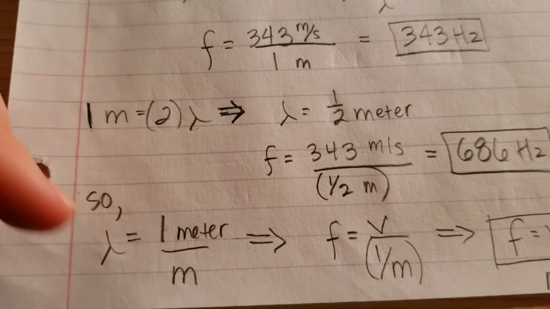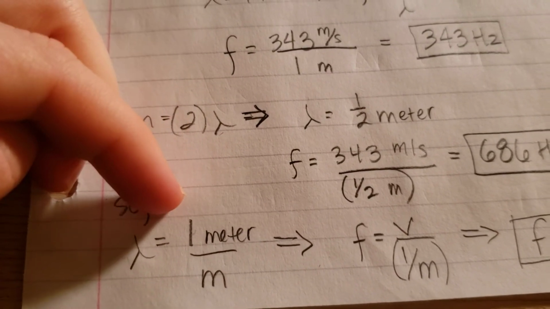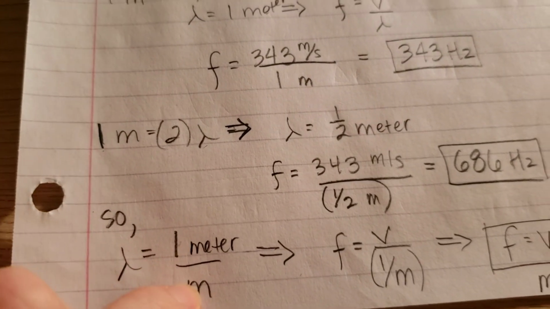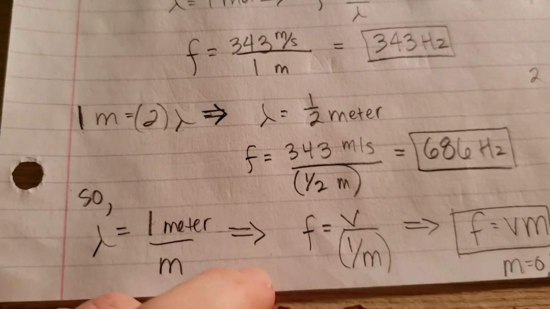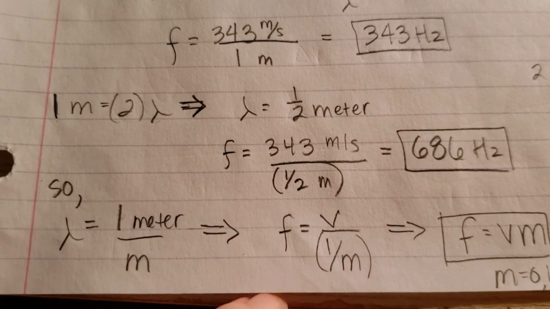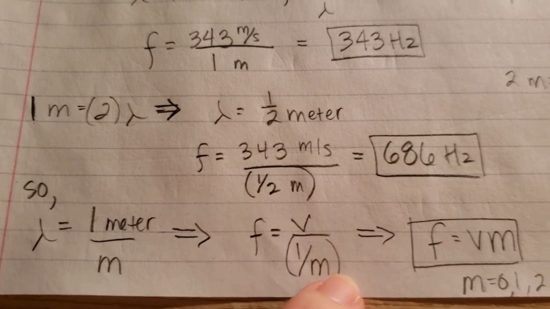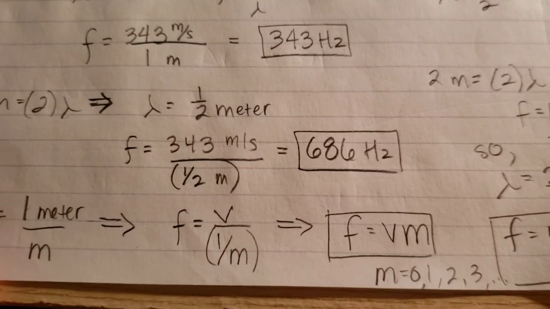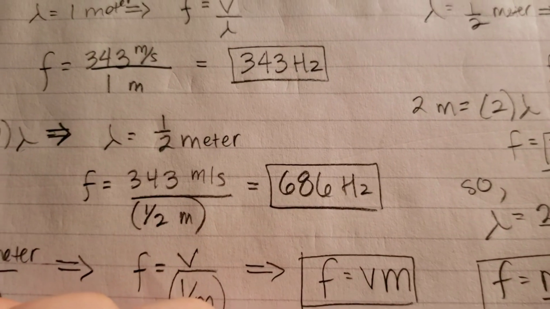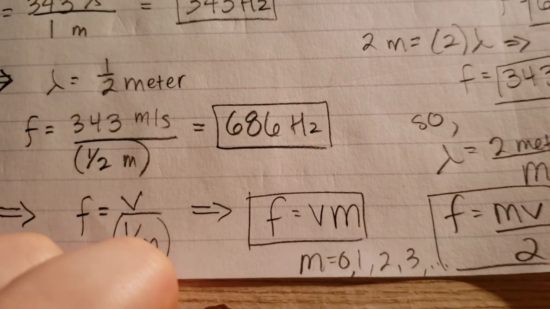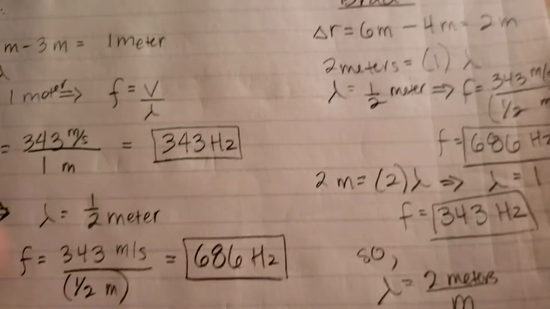The wavelength is always equal to her 1 meter, the change in r, divided by m, when m is 0, 1, 2, etc. So the frequency that Janet will notice as the maximum in sound intensity is the velocity times m, when m is equal to 0, 1, 2, 3.